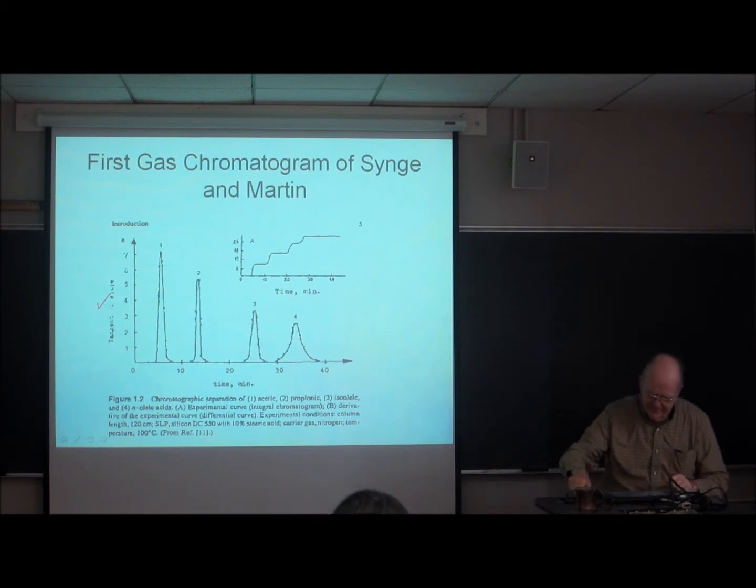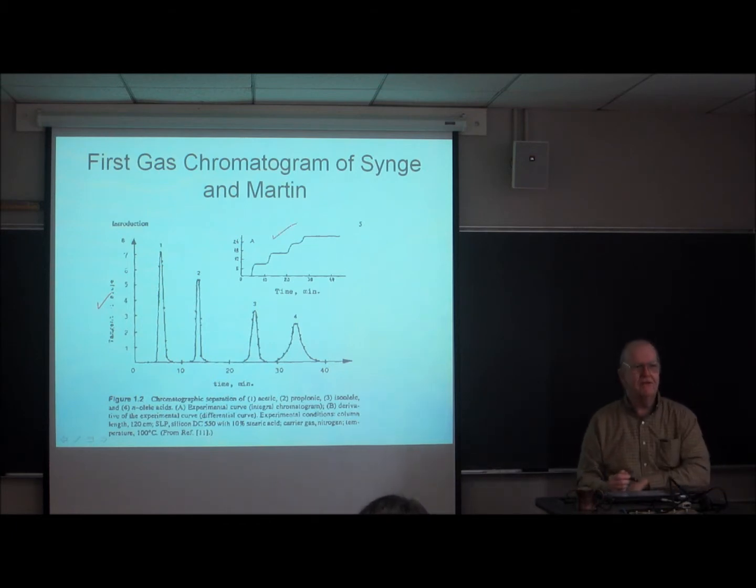And this is the titration curve. And so this first one is acetic acid. I think this is the acetic acid. And then propionic acid, and then butyric acid, and so on.